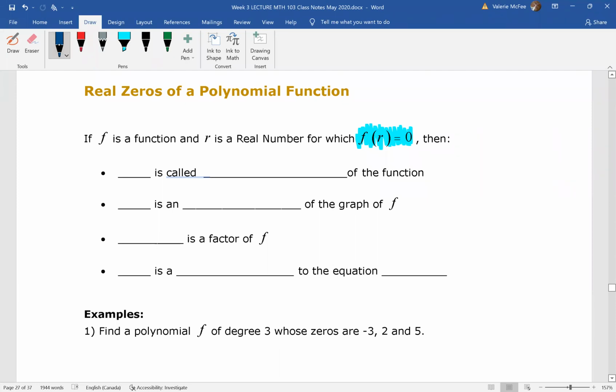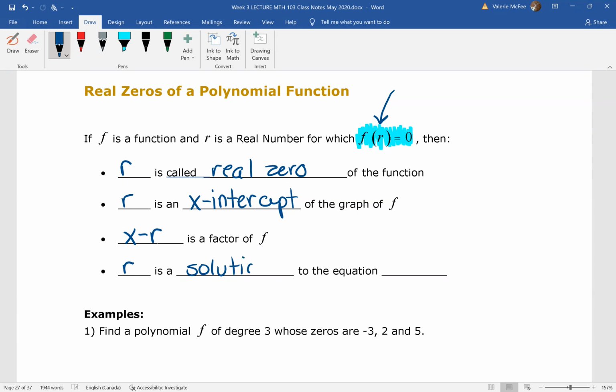So what do we need to understand here? If f of r equals 0, then r is called a real 0 of the function. r is also an x-intercept on the graph of the function. x minus r will be a factor of our function, and r is a solution to the equation f of x equals 0.